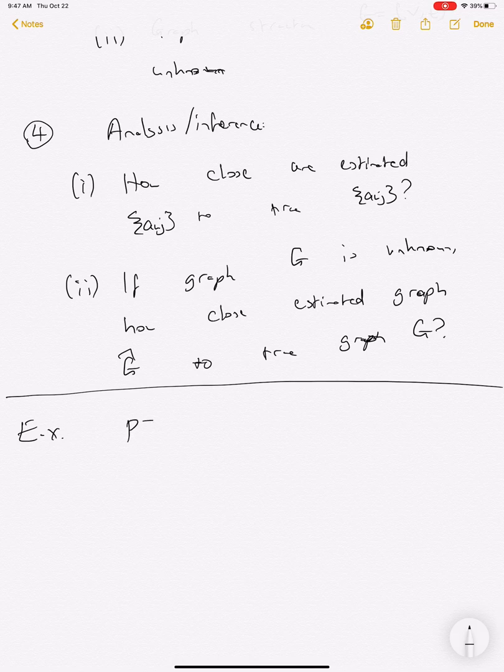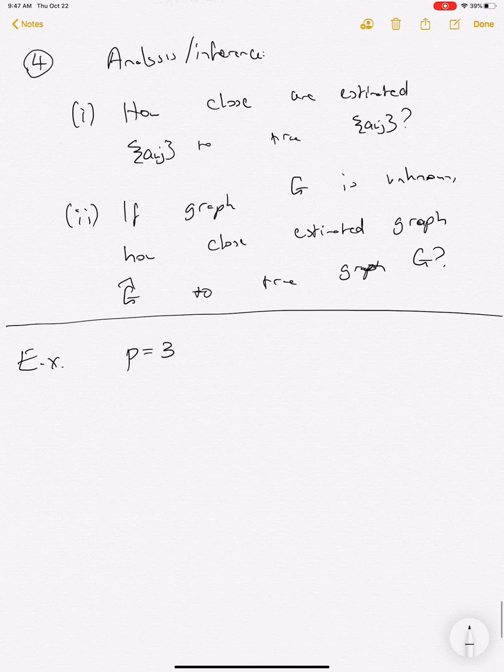So, an example. Let's just assume p is equal to 3 here to make our life easier. And so your data here is x1i, x2i, x3i, i equals 1 to n.